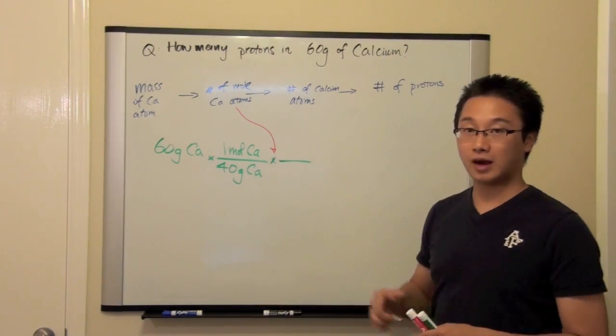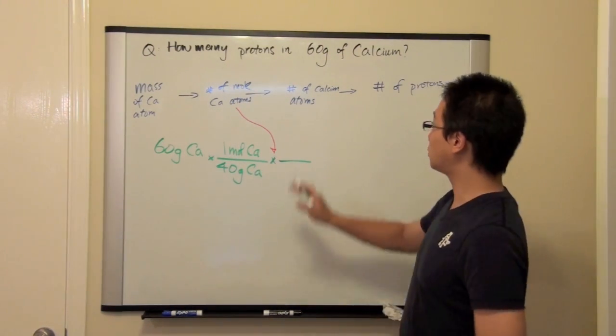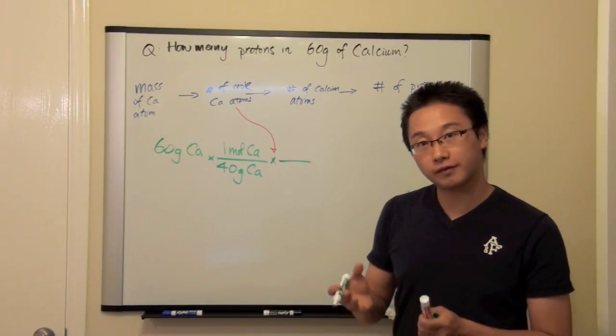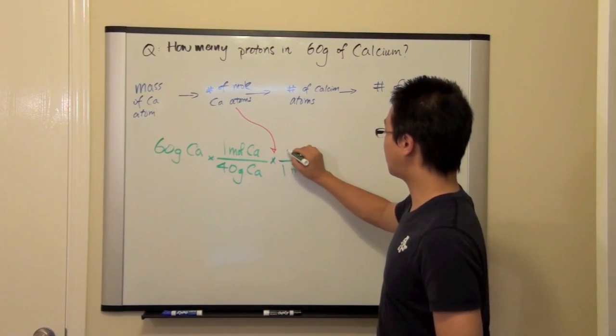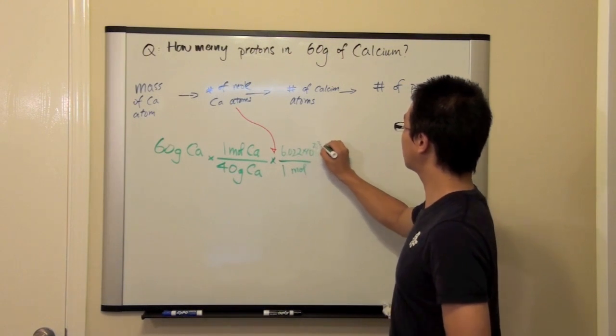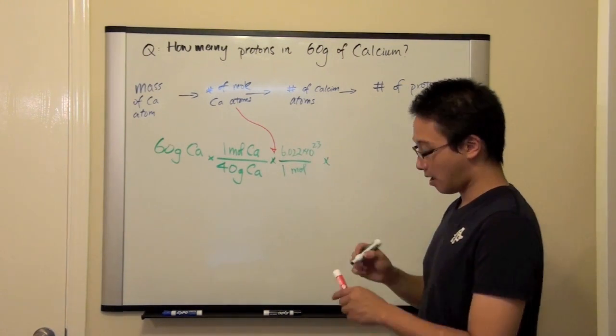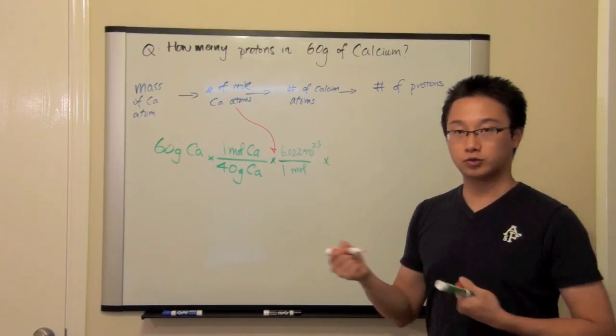And then we carry on our calculations. So we got the moles of calcium atoms. We would like to find out the actual number of calcium atoms, so we will use Avogadro's number, and we should be able to calculate the actual number.